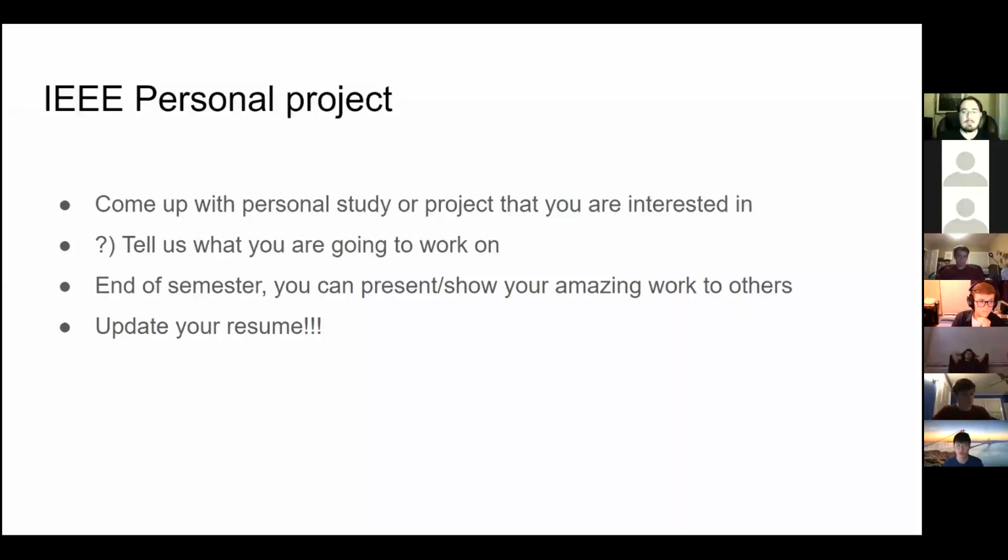At the end of the semester, we can ask you if you want to present or show the personal project that you have done during the semester. I know it is extra work outside of the curriculum, but having your own personal project and presenting your work to other people is definitely a good update for your resume. And yeah, that's it for personal projects.